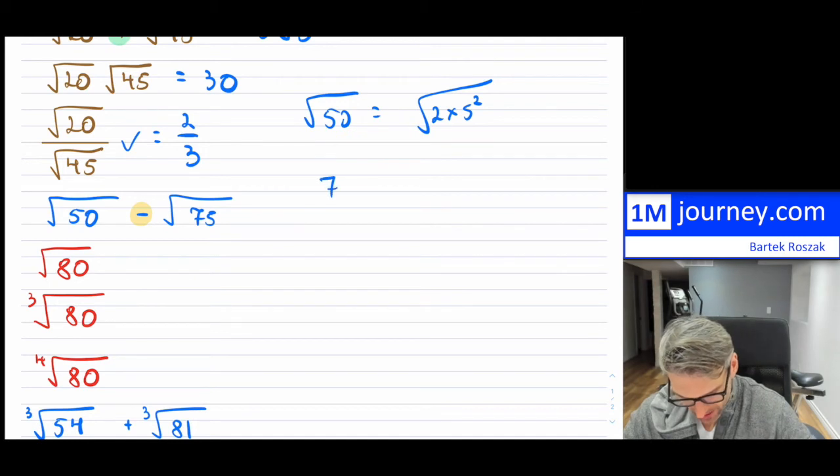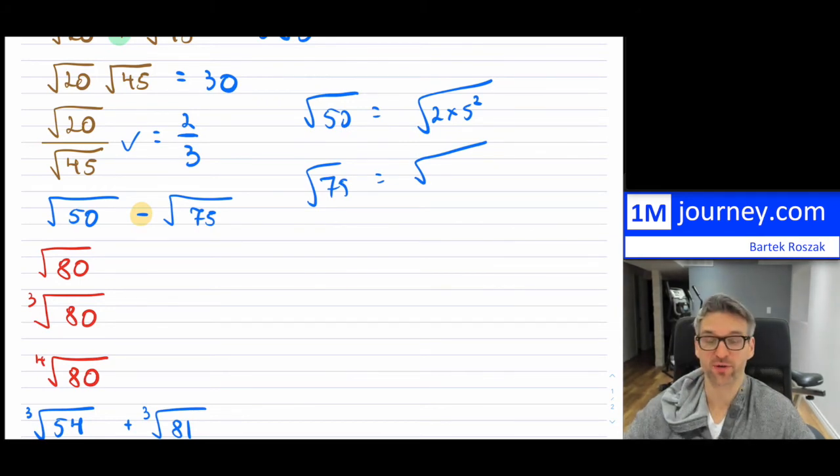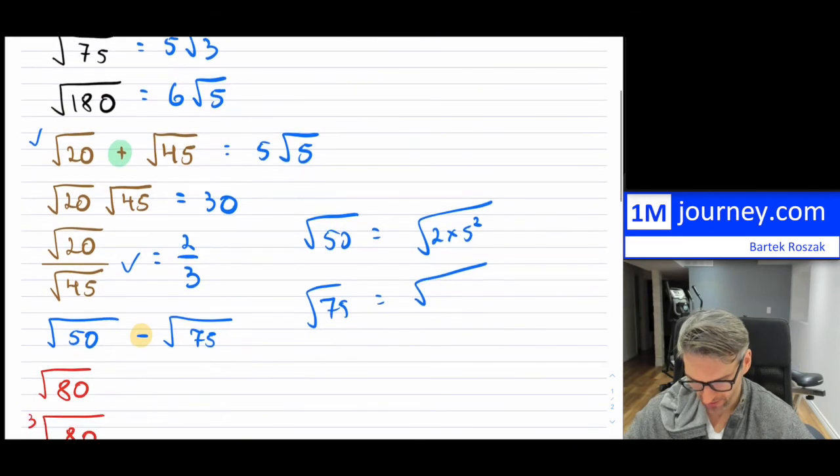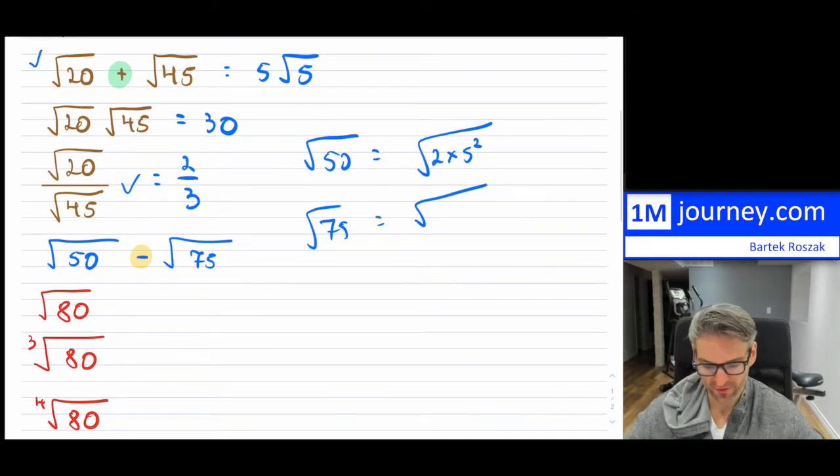The second one is 75. Well, I know that 5 goes into it, right? I think we did 75 somewhere here. Yeah, here's 75. But if you didn't do it before, you can still prime factorize. So 5 goes into it, that's 5 times 15, and 15 is just 3 times 5.